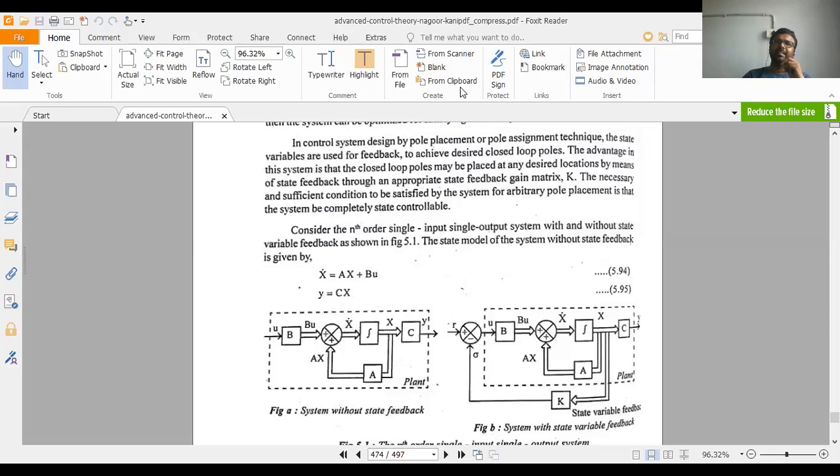We have to determine the controllability, and only after that are we able to determine the state feedback gain matrix, capital K. For determining the state feedback gain matrix, we have three particular methods.